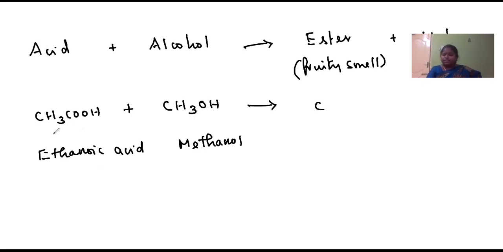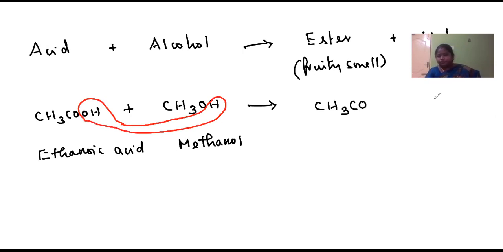So while writing the formula, you have to write the ester group first. I'll show you: the OH from the acid group and the hydrogen from the alcohol group go as water. If you remove it like this, you'll understand easily.